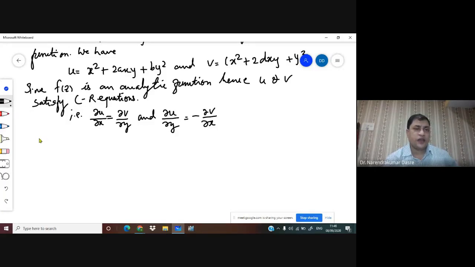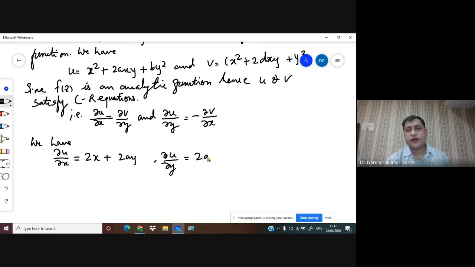So let us find the first order derivatives of these functions u and v. We have u_x, the derivative of this term with respect to x, so we have 2x plus 2ay. Then u_y, the derivative with respect to y, is 2ax plus 2by. Now we consider the derivative of v.